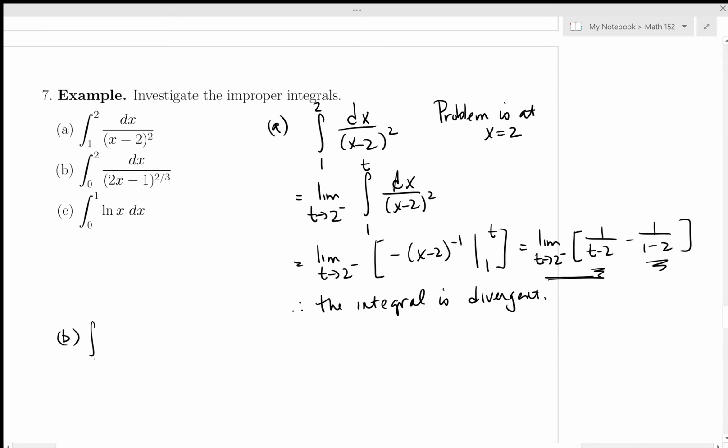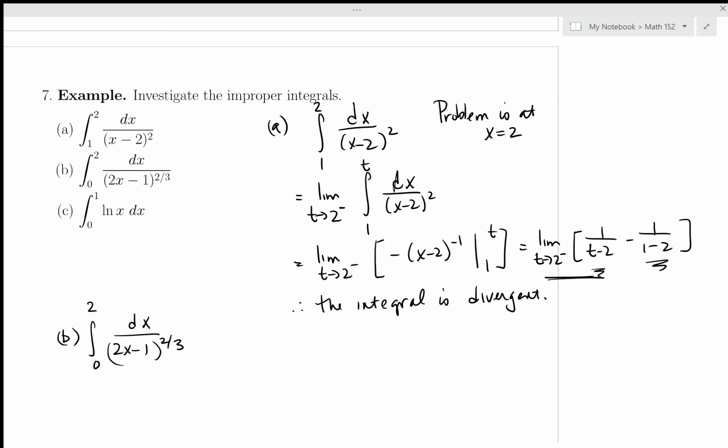The integral from 0 to 2 of dx over 2x minus 1 to the 2/3. This is even trickier because there's no problem at 0, there's no problem at 2. Where is the problem? So you're always going to have to look and say, does the function not exist for some reason anywhere in between in the interval 0 to 2?